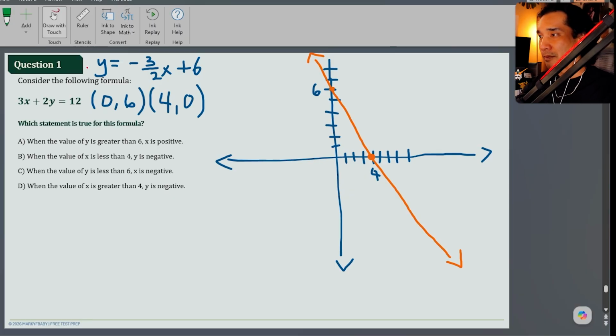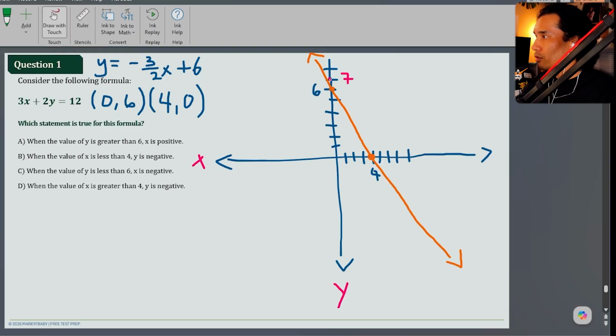So let's read them. When the value of y is greater than 6, this is the x-axis and this is the y-axis. When the value of y is greater than 6, what is a value that's greater than 6? There's 6 right here. So let's choose 7. That makes sense. It says here when the value of y is greater than 6, I chose 7, then x is positive.